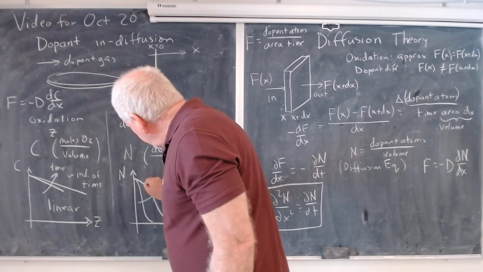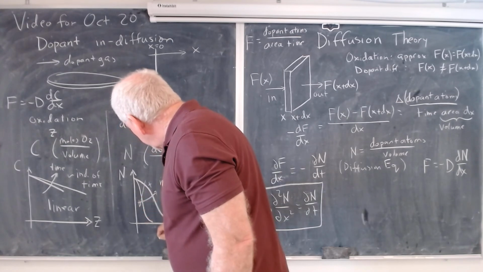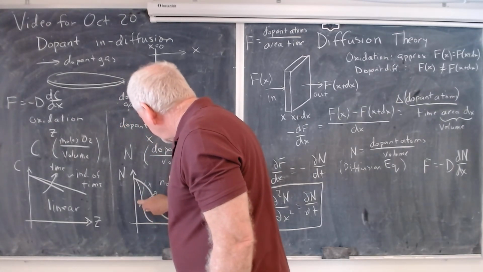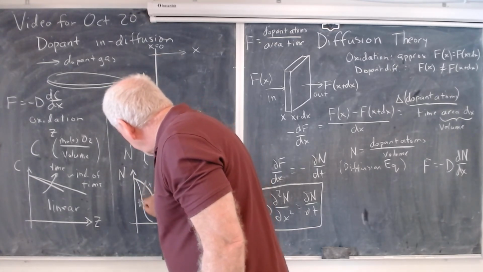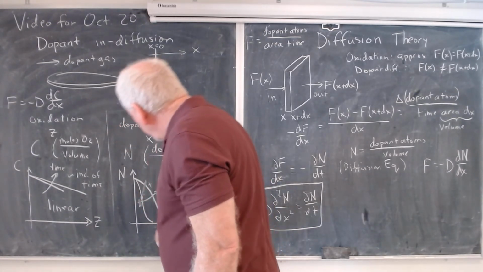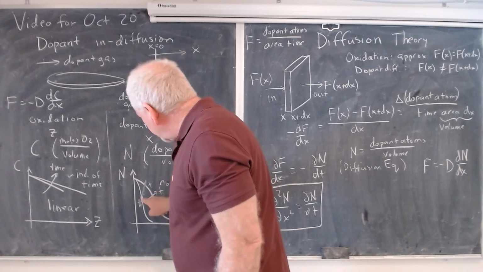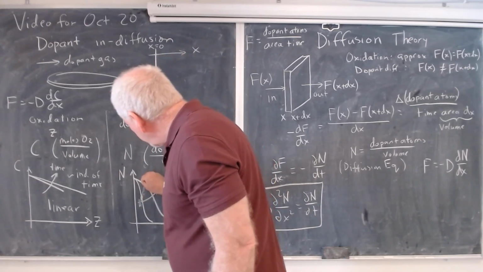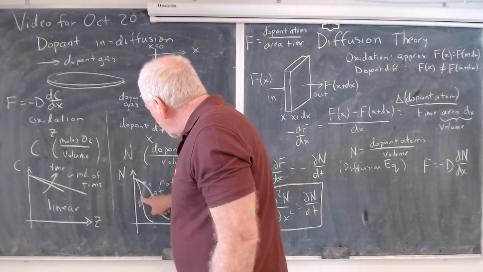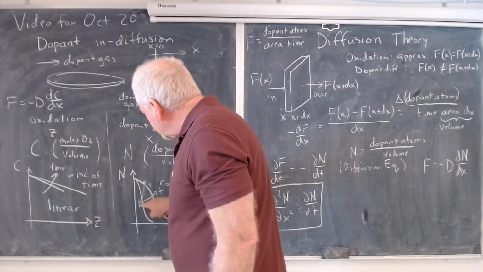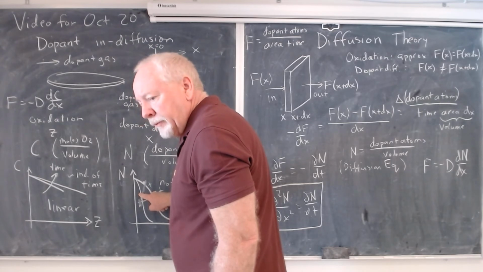Oops, the other way around. This is time, right? So at time 1, n is that, and at time 2, n is that. And so dn/dt is equal to the difference in this, the second derivative of this curve here.